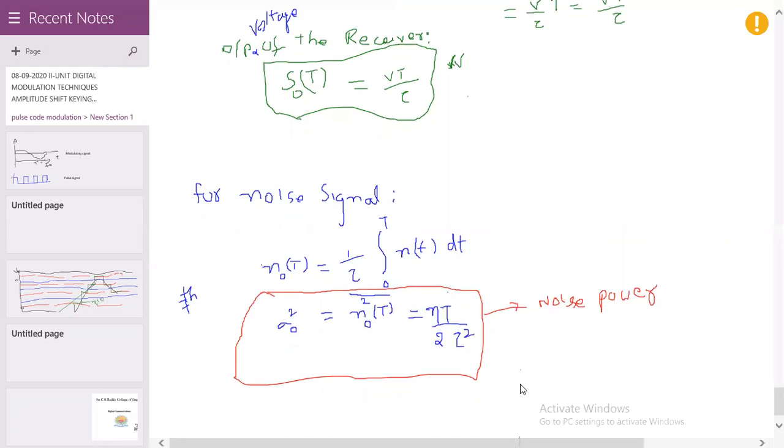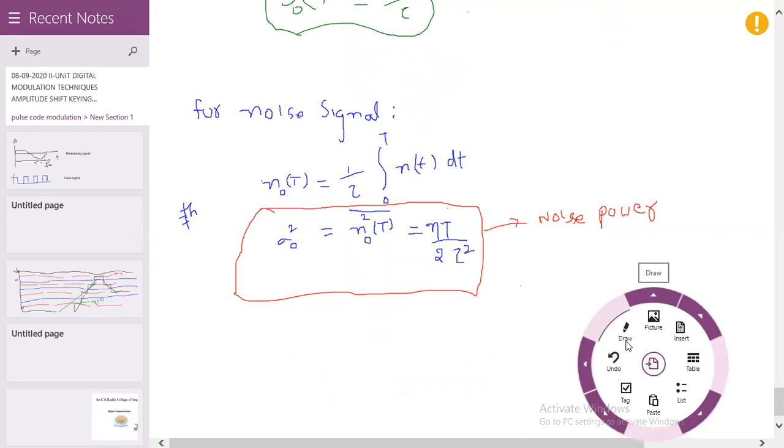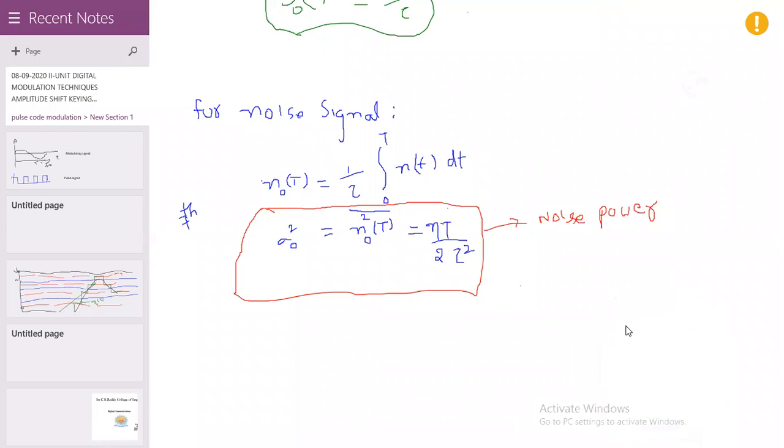Then at the output of the receiver, the signal to noise power: S naught of t is a voltage, then we squared it.